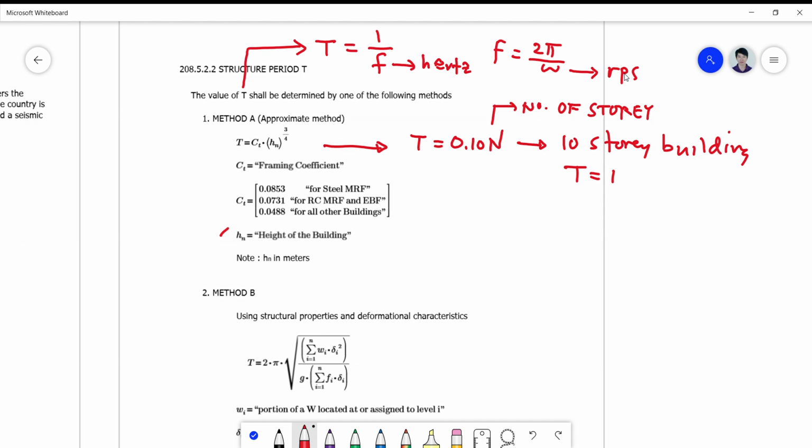So when the period is high, the frequency is low, and when the period is low, the frequency is high, because there is a reciprocal relationship between the period and the frequency.